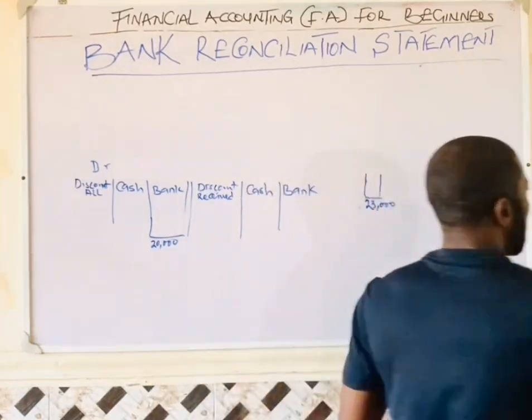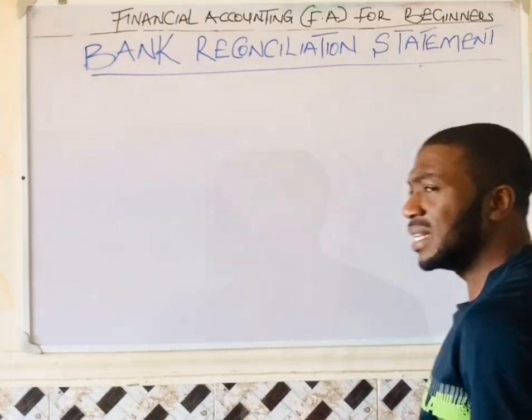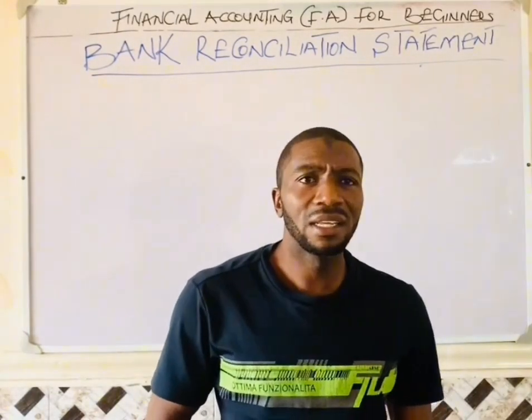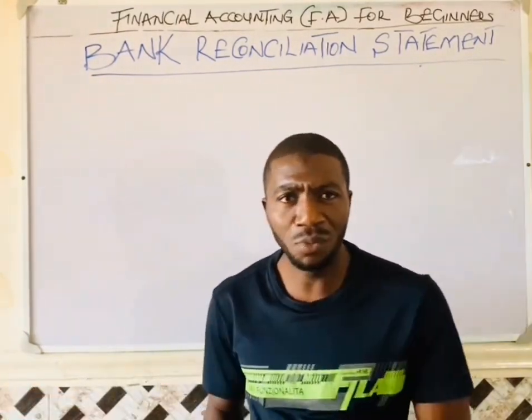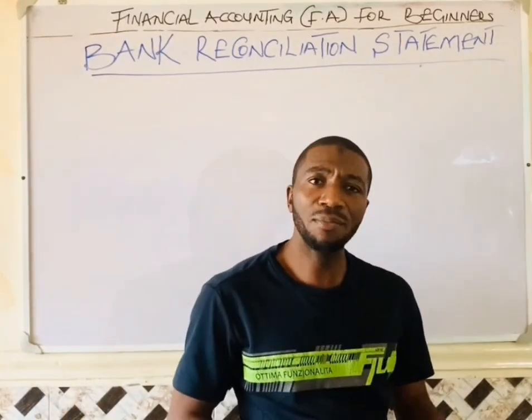So let's continue. What are those items? What are those things that make a bank in the cash book not to be the same with our account in the bank?